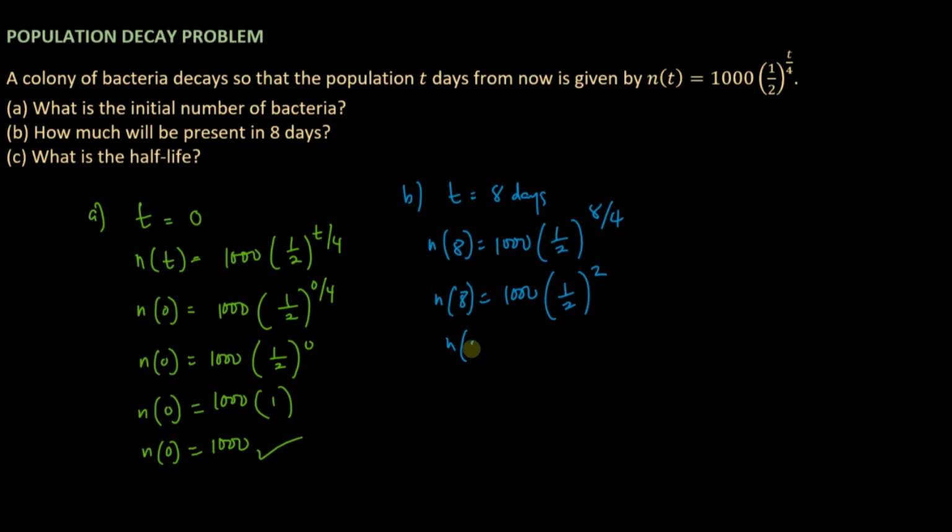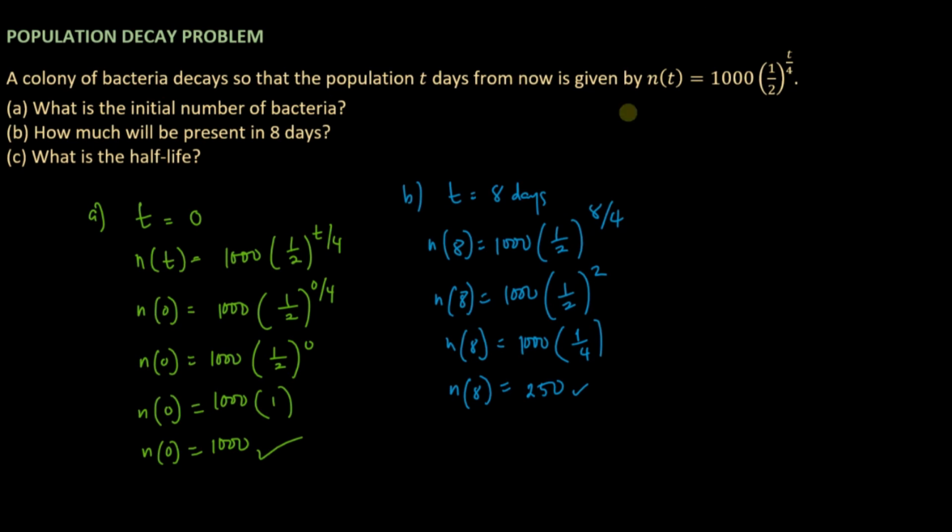So N of 8 is equal to 1,000 times 1/2 squared, which is 1/2 times 1/2, so 1/4. Therefore, N of 8 is equal to 1,000 divided by 4, which is 250. So there are 250 bacteria after 8 days.